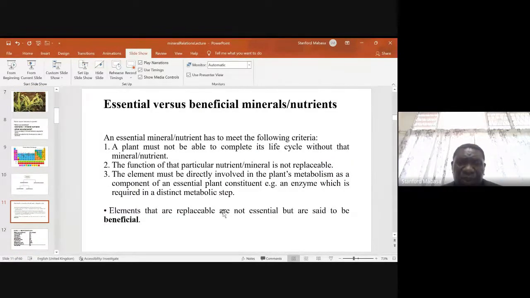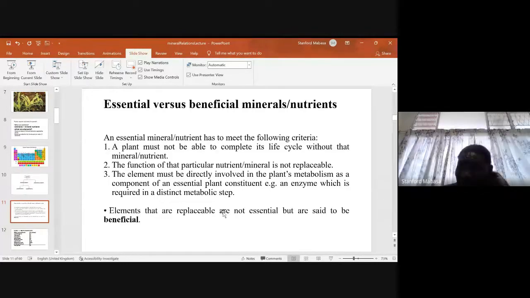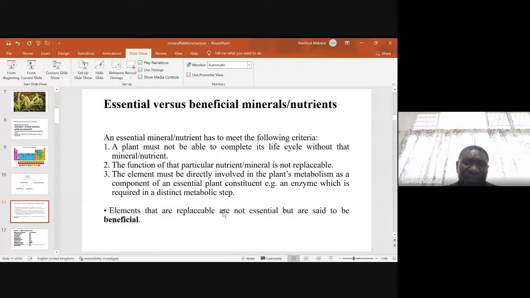Now, I just want to give you the characteristics or the properties of what we describe as essential minerals or nutrients. There are three things which we consider.